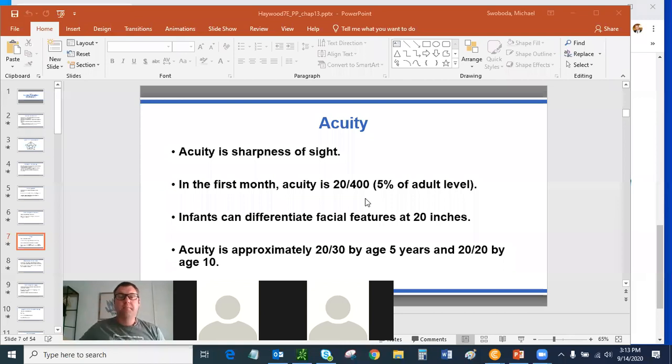So the second number in your vision is the one that you want to go with. The lower your second number, the better your eyesight is.